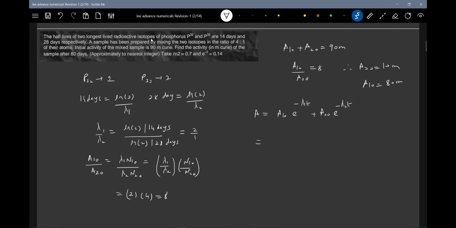A10 is 80, e to the power of minus log 2 by 14 times 80. A20 is 10, e to the power of minus log 2 by 28 times 80.